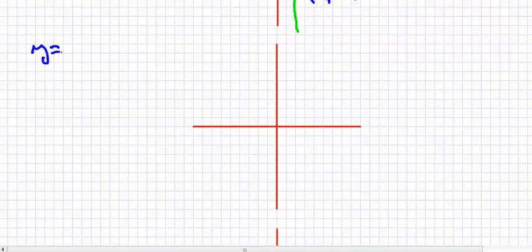y equals negative (x plus 3) plus 6. Our vertex is (-3, 6): negative 3, 1, 2, 3, 4, 5, 6. And we have an imaginary line here.